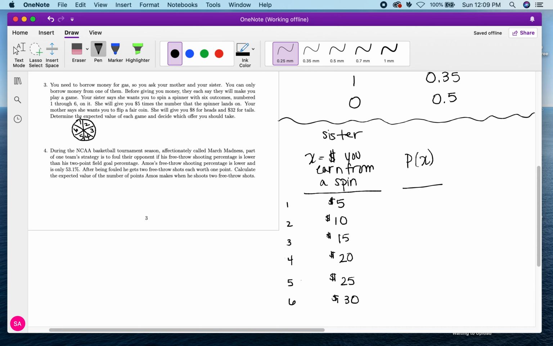There's only 1, and there's 6 different numbers. What's the probability that you land on a 2? Well, there's only 1, 2, and then there's 6 numbers. So again, it's 1 out of 6. The probability of you landing on a 3 is also 1 out of 6. And hopefully you can see the pattern here. Each number has an equal probability.